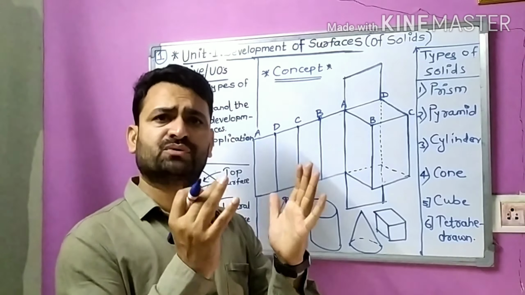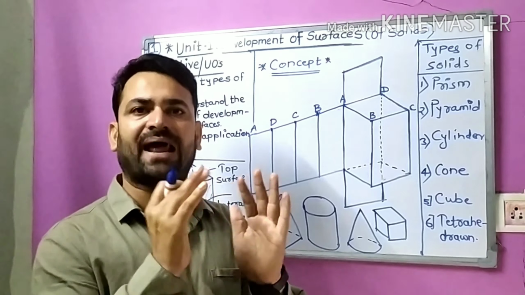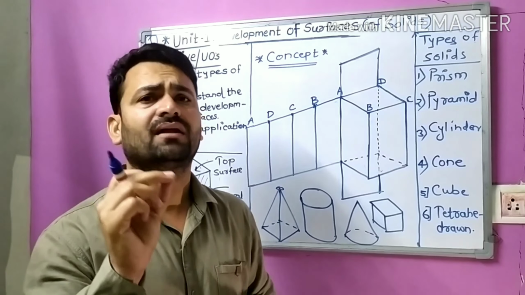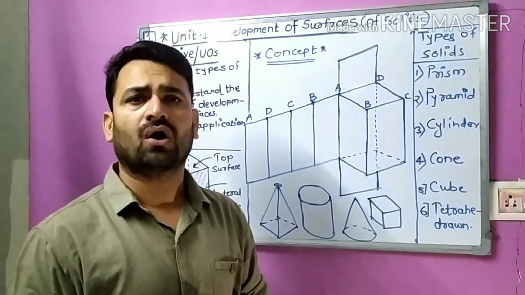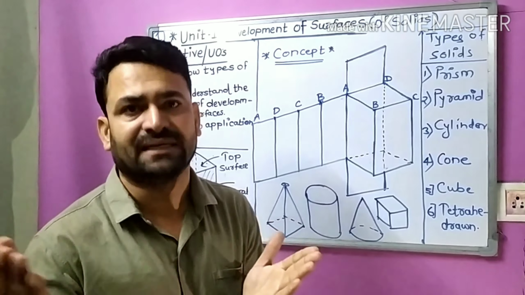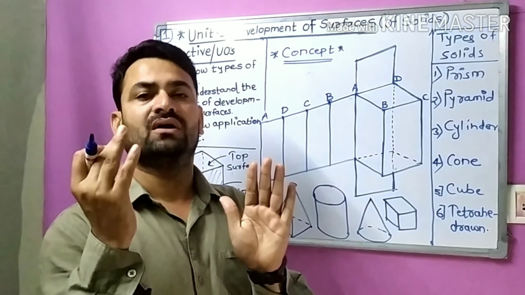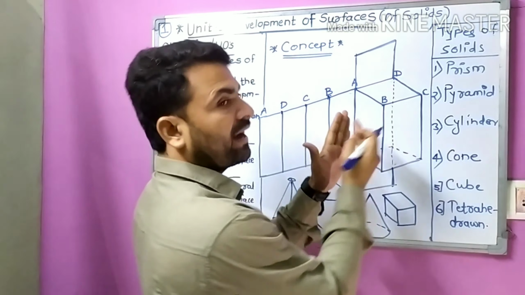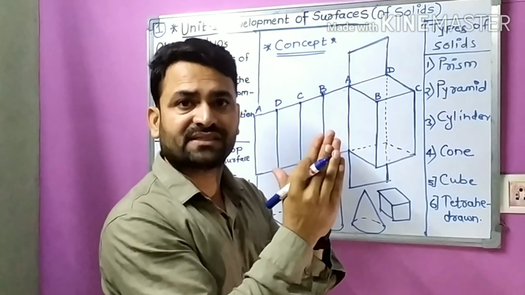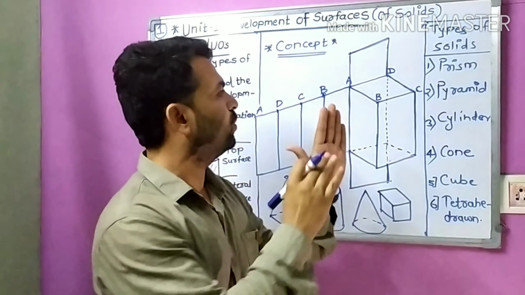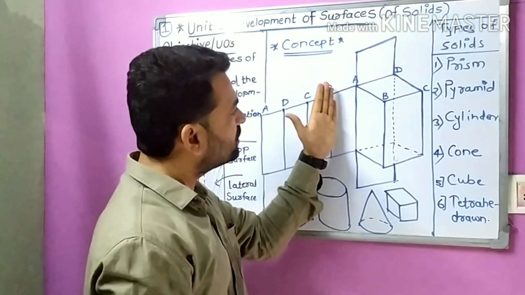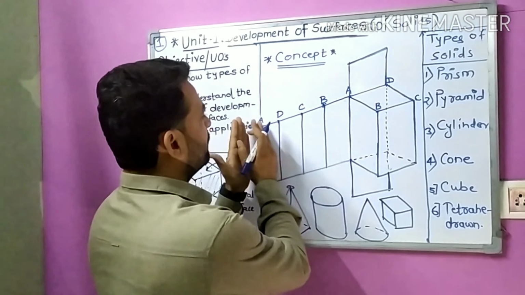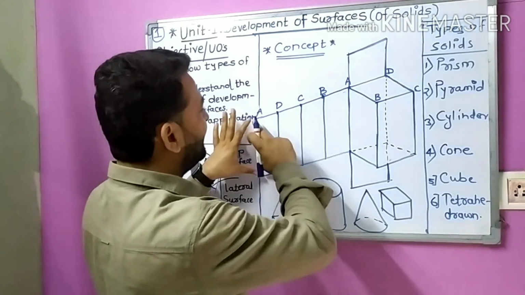When any type of solid is enclosed in a wrapper of thin material, you can consider it as paper or as a thin sheet, suppose this is enclosed in a wrapper, and if this wrapper is opened out and laid on a plane surface, this is the laid out part.